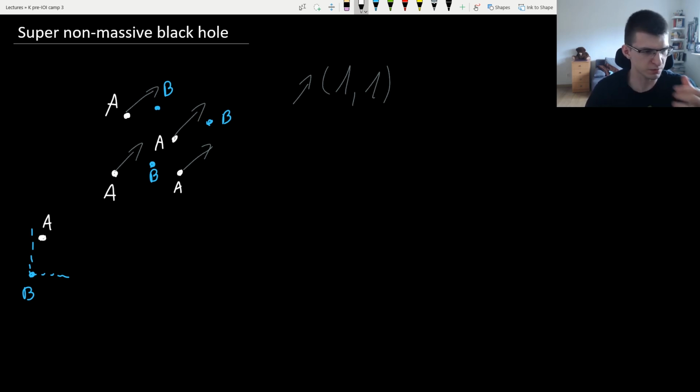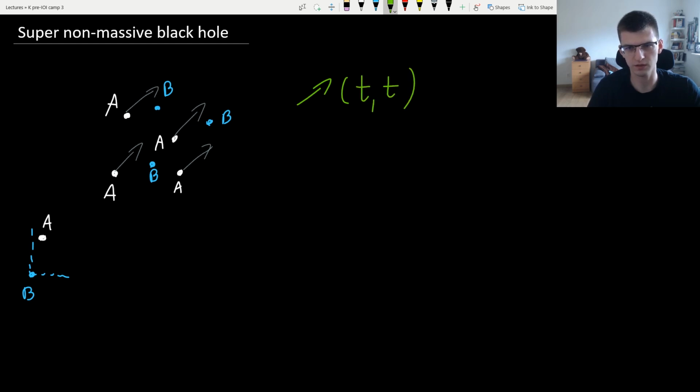Could you change the color, please? Okay, so I guess the pencil one is bad. So we move by vector t, comma t. In 3 dimensions, it's of course t, t, t.